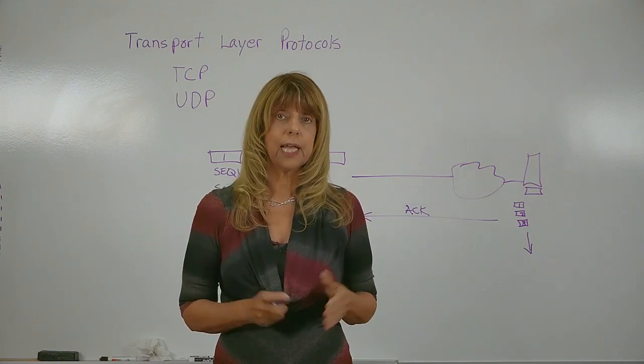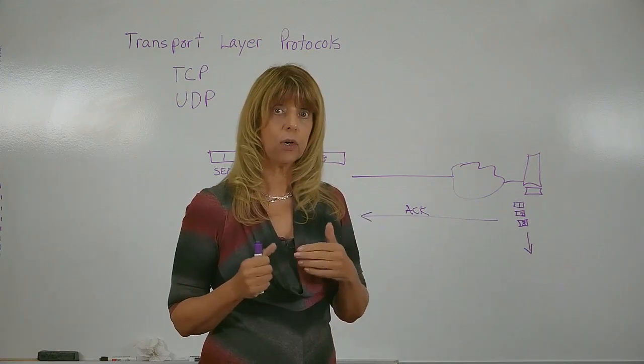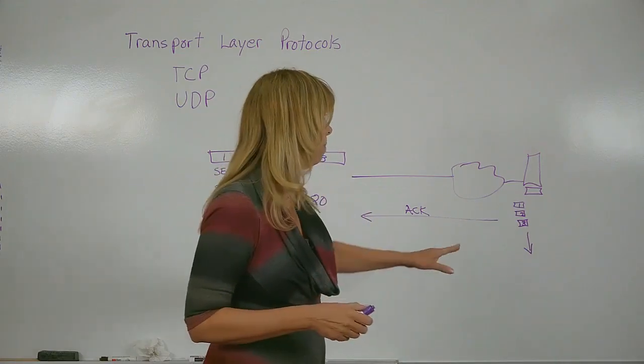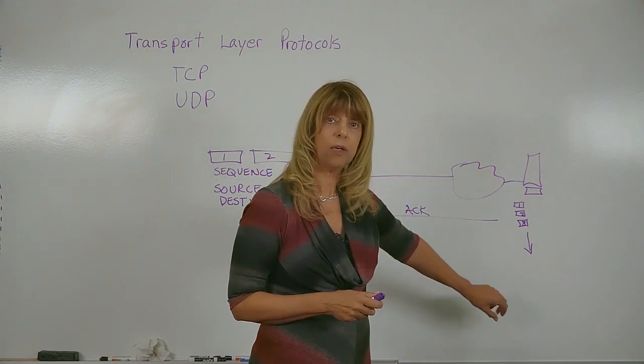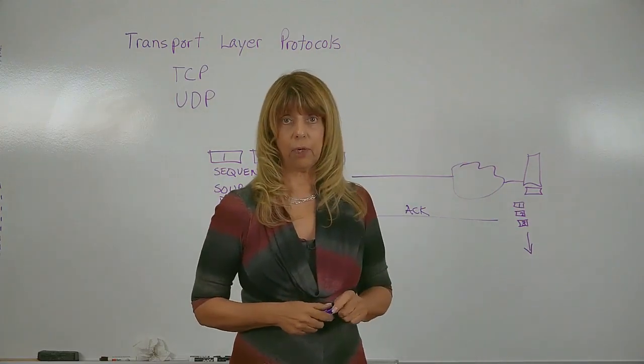This guarantees that the fewest number of packets actually get dropped because they're being acknowledged much more frequently in an unreliable connection than they would be in a very reliable connection.